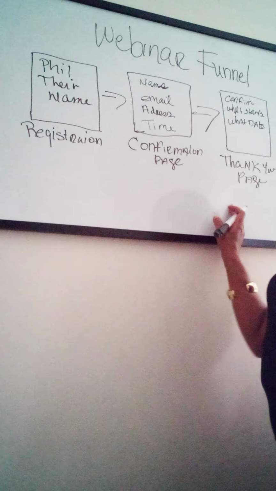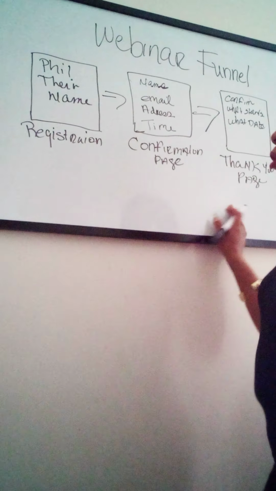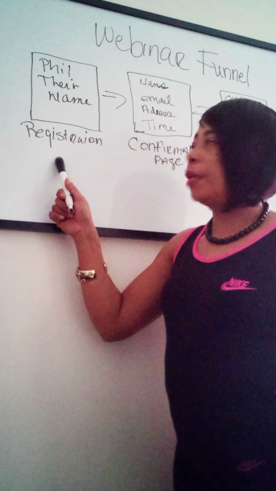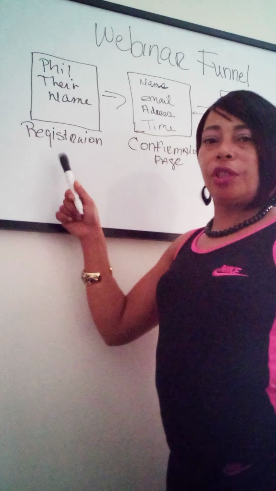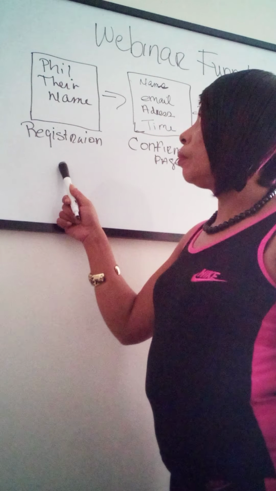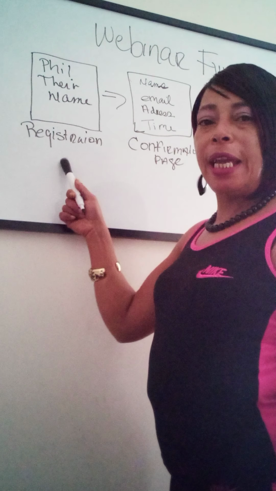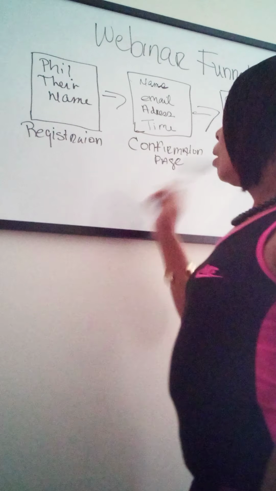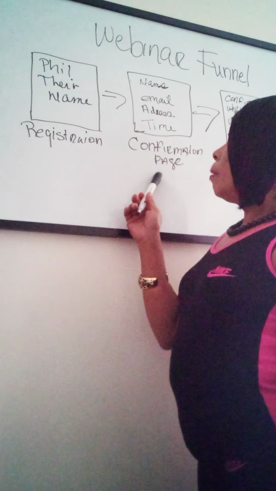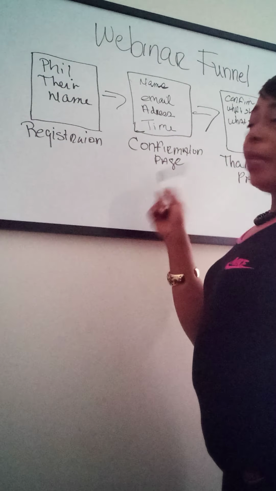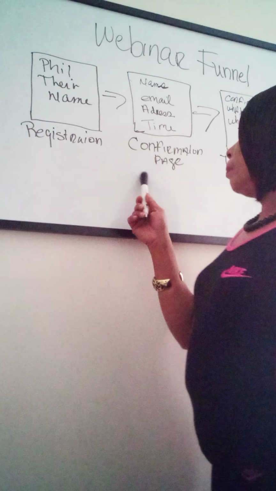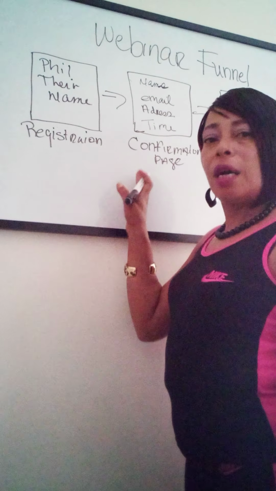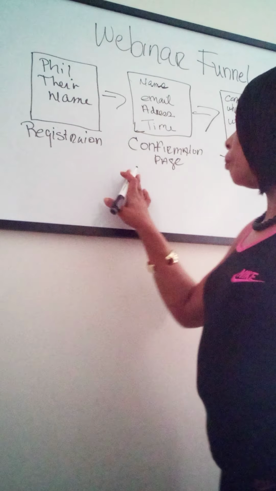So in your webinar funnel, you want to get as many people as you can to register for your webinar. And they will be putting their name on the registration page. On the second page, it will be their name and their email address. And this will be called the confirmation page.